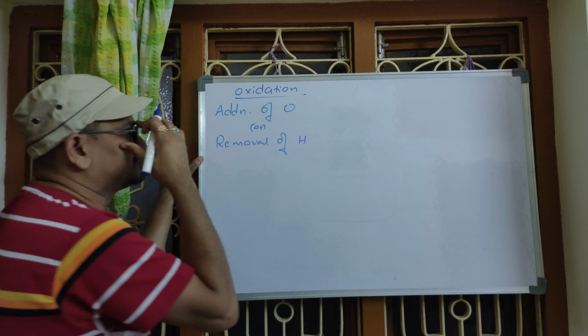During this gain of electrons, A showed +2 to 0, a decrease in oxidation state. Yes or no? Decrease in its oxidation state, +2 to 0. That's why reduction reaction is also nothing but decrease in oxidation state.